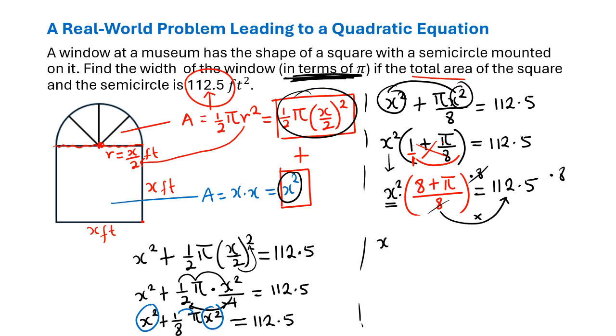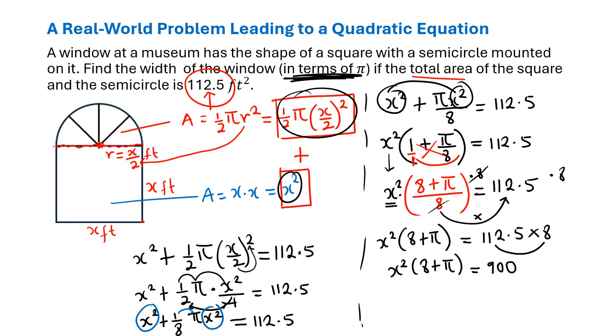So it will be x squared times 8 plus pi equal to 112.5 times 8. The right hand side now, if I multiply that, I get 900. So I have x squared times 8 plus pi on the left hand side.